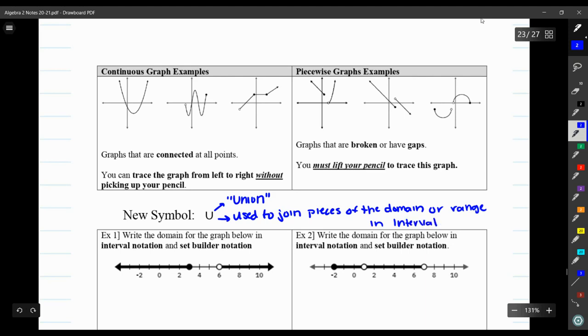We do not use it in set builder notation. So we use it to join pieces of the domain and range in interval notation.